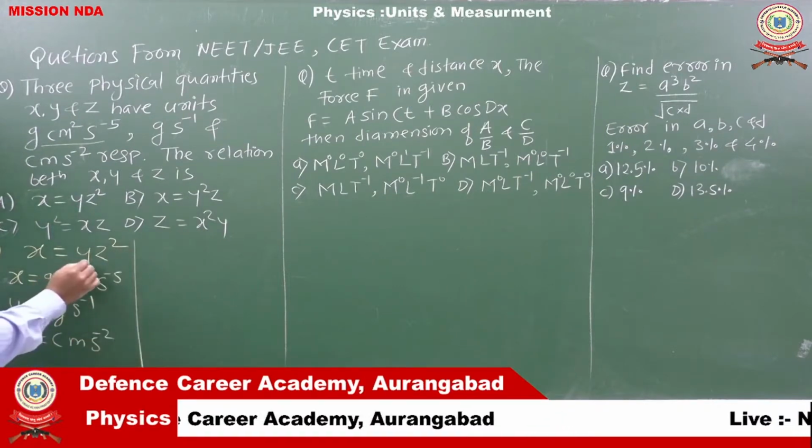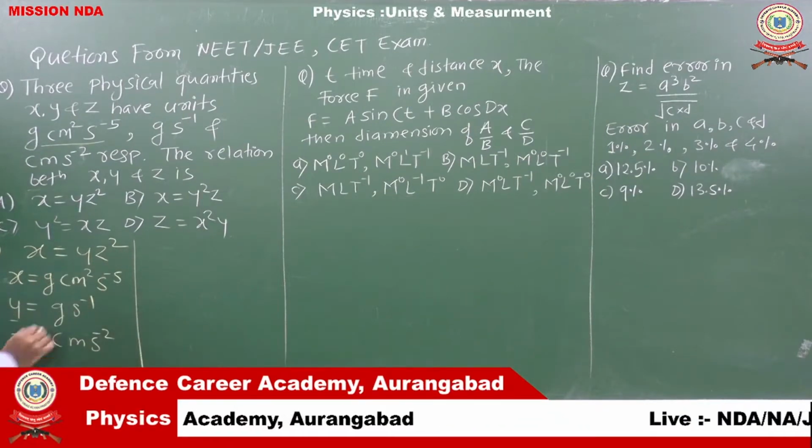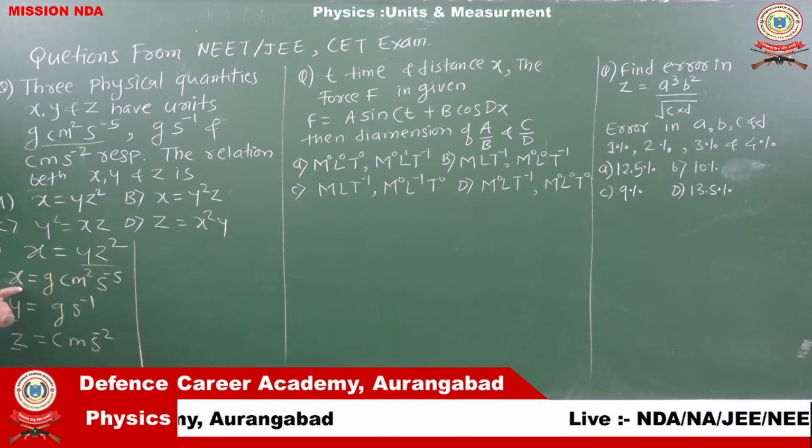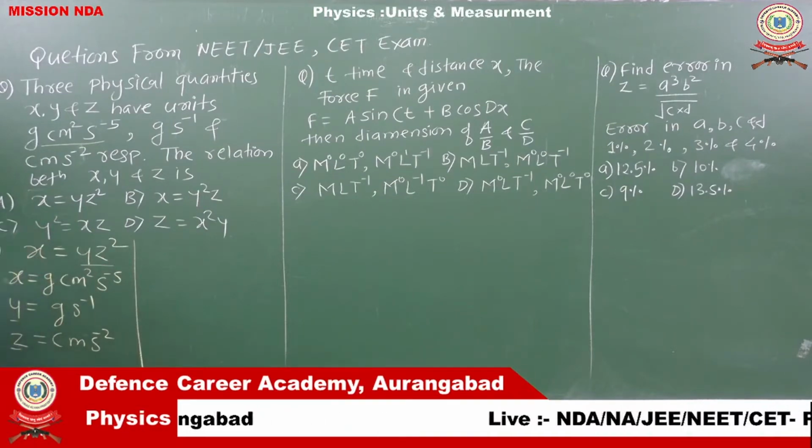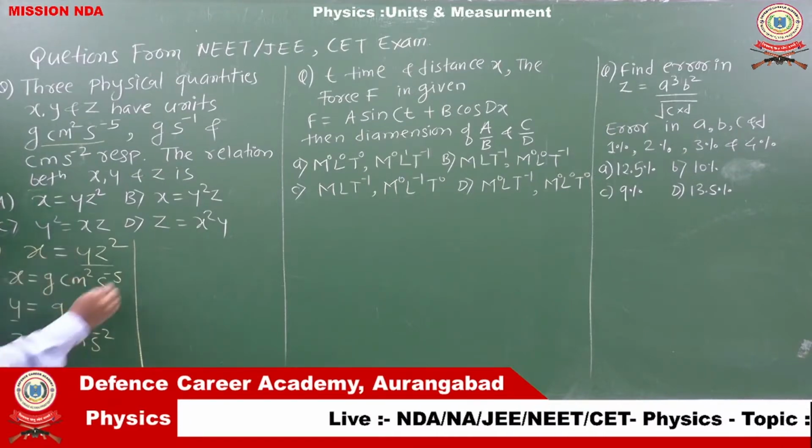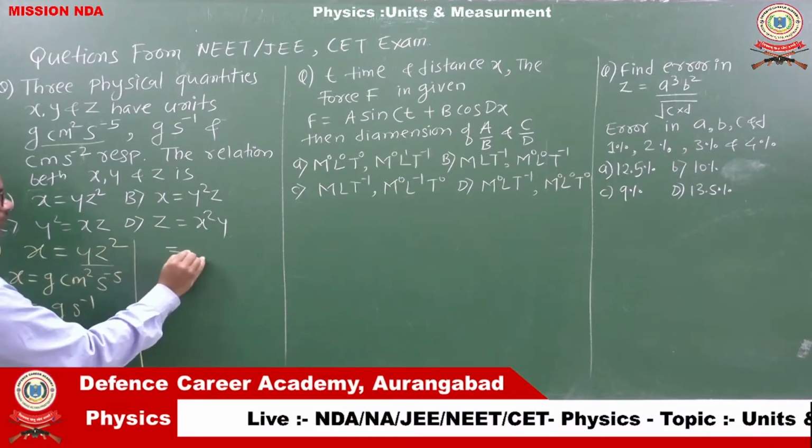If I put this y and z in this equation and it satisfies the unit of x, then the answer will be option A. So I just solve that yz square.